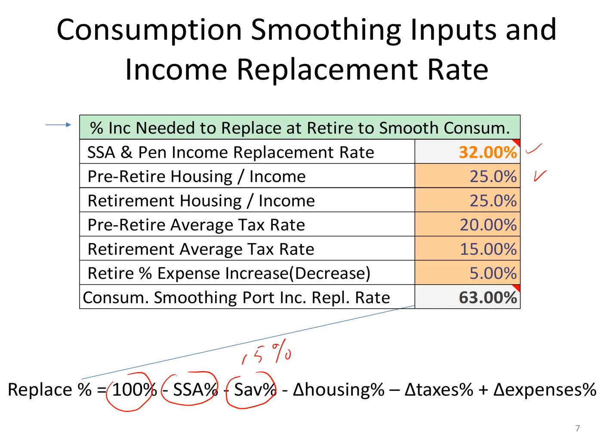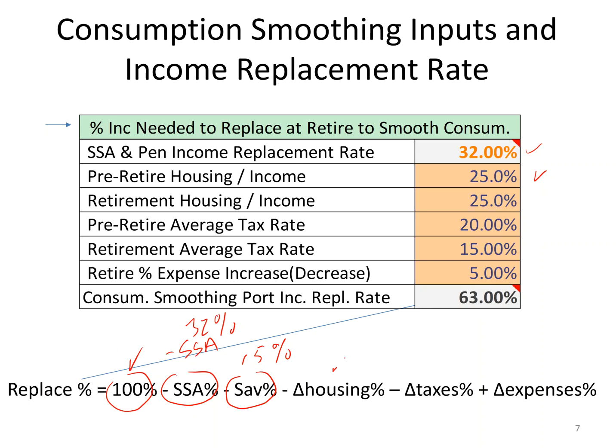Therefore, to smooth consumption, I only need to replace 85% of my income. So if I start off with my 100%, I subtract my Social Security annuity, 32% in this example, plus you can add any pension that also adds to your Social Security. So if I subtract these two numbers, that would be the amount I'd need to smooth my consumption.